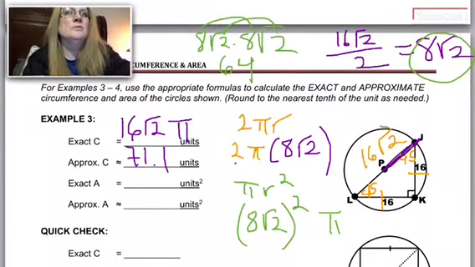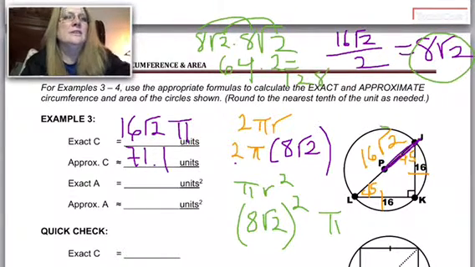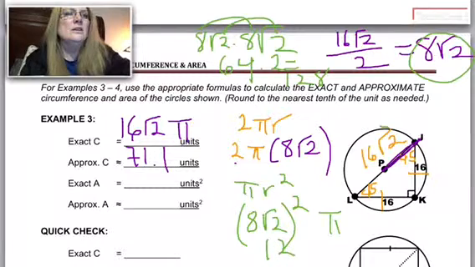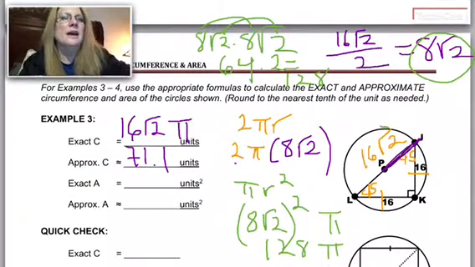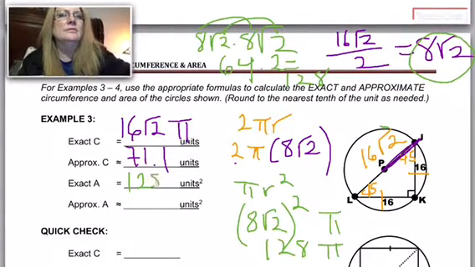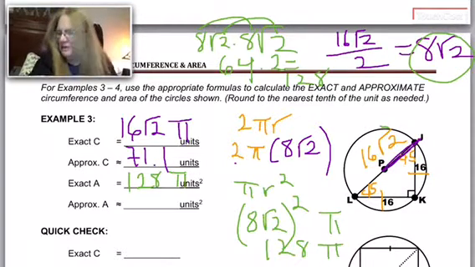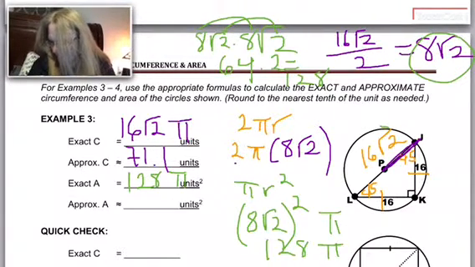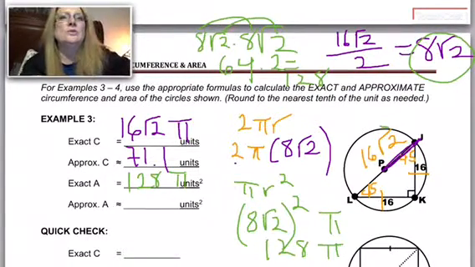The square root of 2 times the square root of 2 is 2. And then 64 times 2 is 128. So this is 128 pi. And if we put that in our calculator, that is approximately 402.